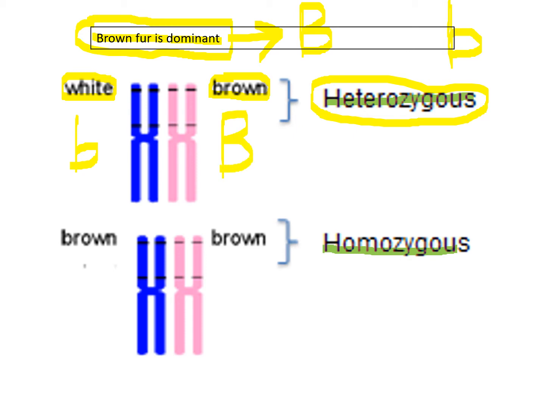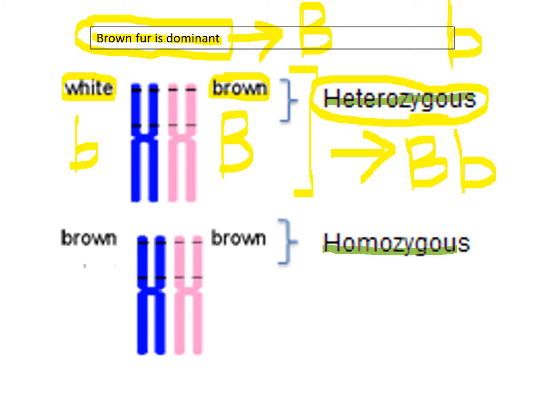And so we remember that white is a small b and brown is a capital B. So when we represent the genotype for fur color in a heterozygous dog, it is capital B and lowercase b. We tend to write the capital letter first.